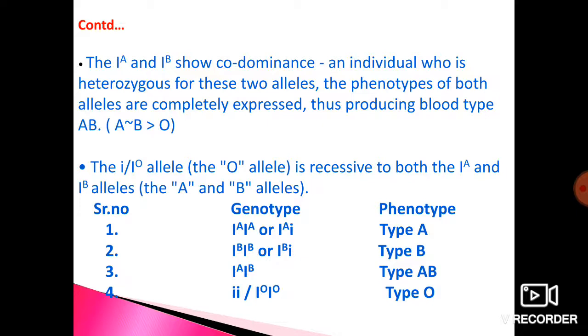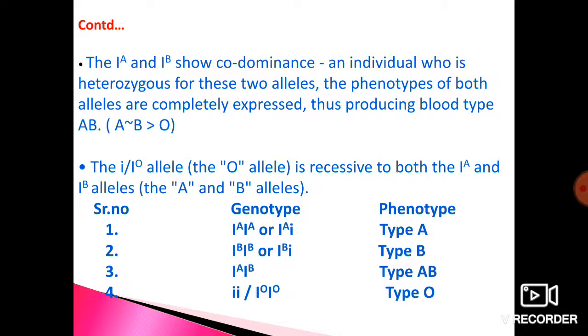We cannot have all three together. So we'll have a permutation among these three, either 1 and 2, or 1 and 3, or 2 and 3, in pairs. So that is how our blood groups are different.